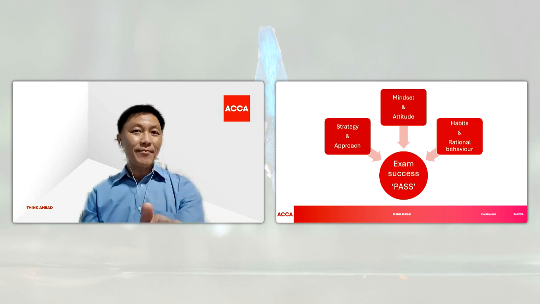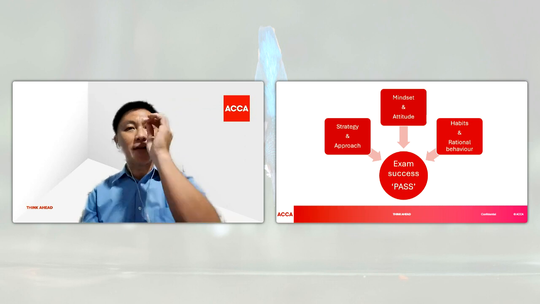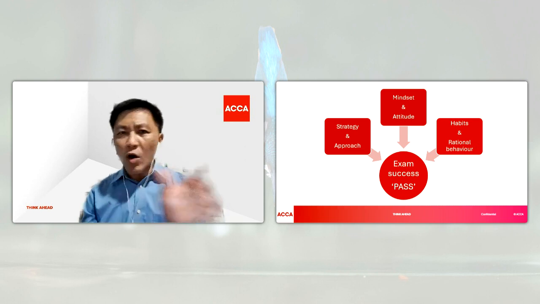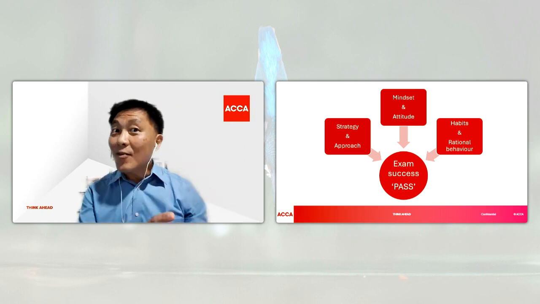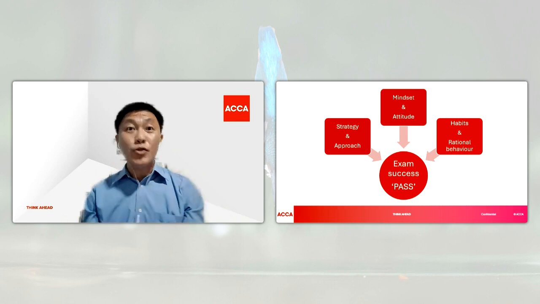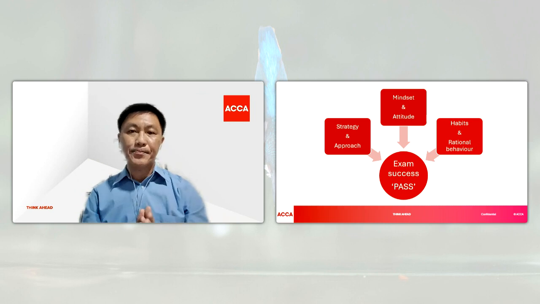Process is right, outcome is right naturally. So keep focusing on every single step of work that you do in exam. Don't worry too much about, do I get a pass? Or would I fail again? That is not something that is beneficial for you to worry about. Your mindset should focus on processes.